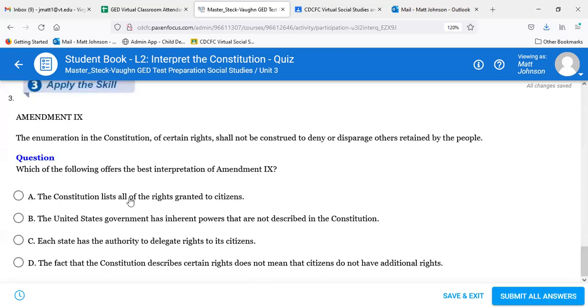Which of the following offers the best interpretation of Amendment 9? A, the Constitution lists all of the rights granted to citizens. B, the United States government has inherent powers that are not described in the Constitution. C, each state has authority to delegate rights to its citizens. Or D, the fact that the Constitution describes certain rights does not mean that citizens do not have additional rights.